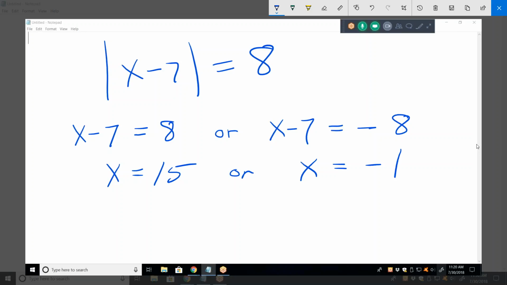Okay, so that's the essence of absolute value equations. If I say absolute value of x equals c, that means x equals c or x equals -c. Really no harder than that.